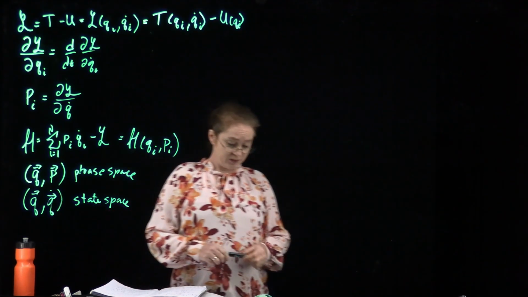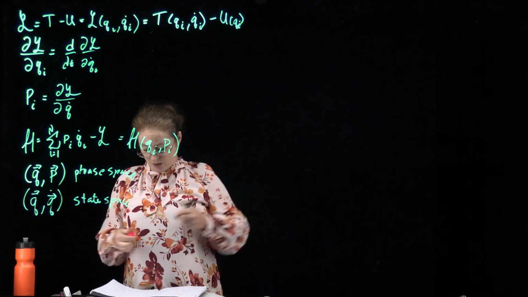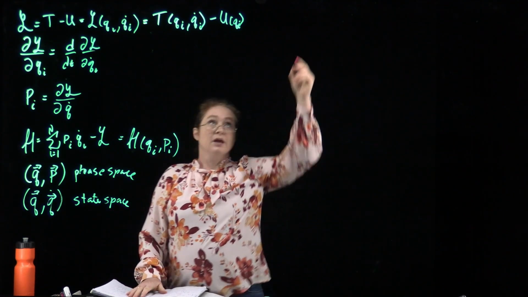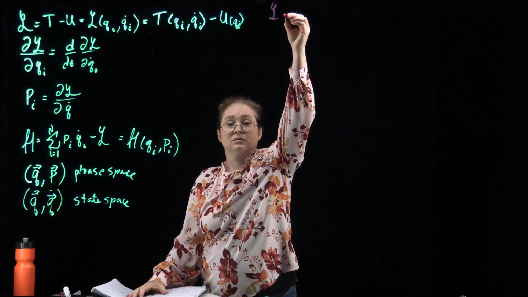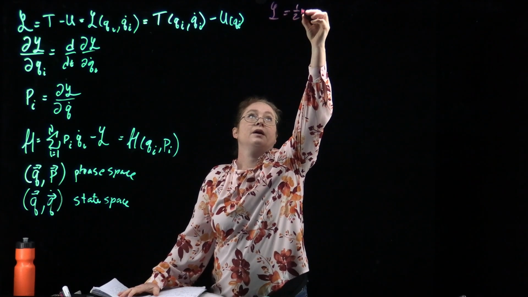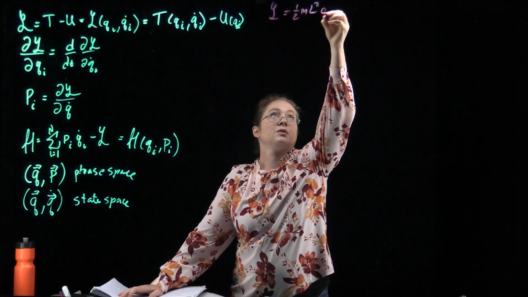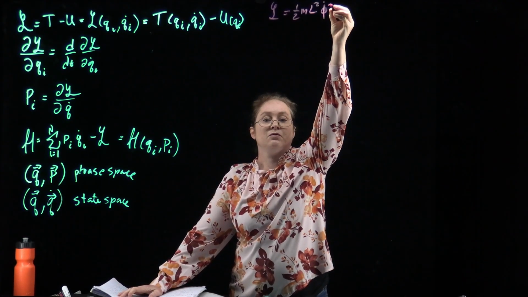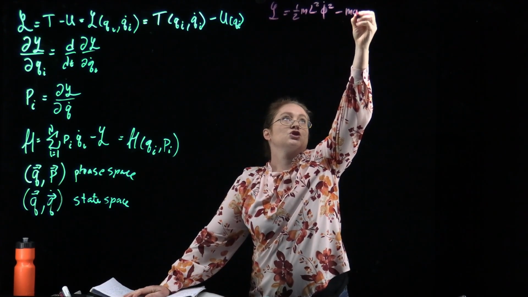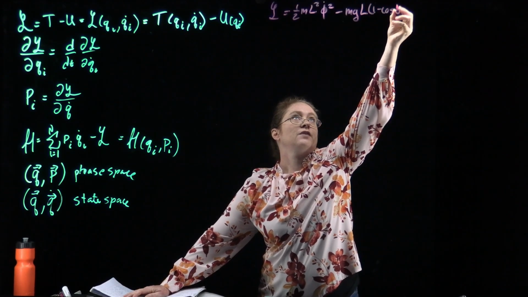And if we consider that as our example, then we can write the Lagrangian for a simple pendulum as 1/2 mL squared, where L is the length of the pendulum, not the angular momentum, phi dot squared, minus mgL(1 minus cosine phi).